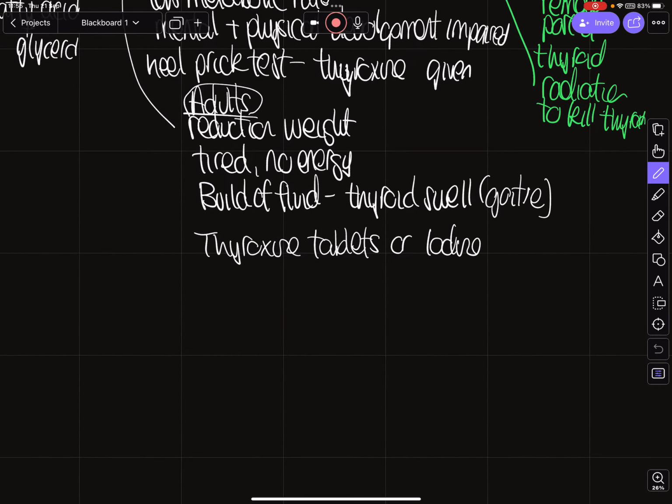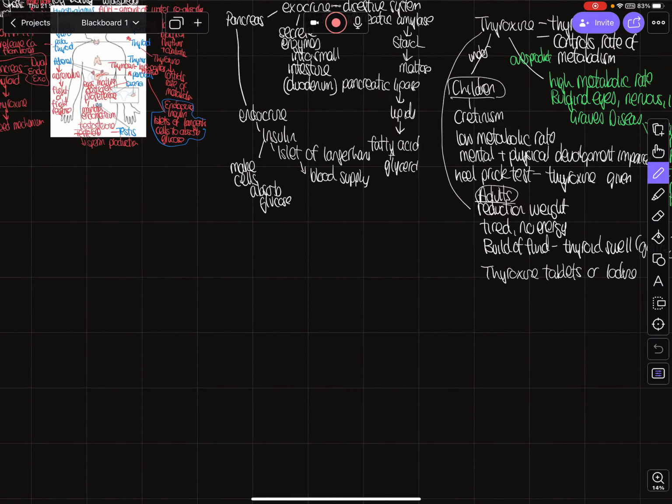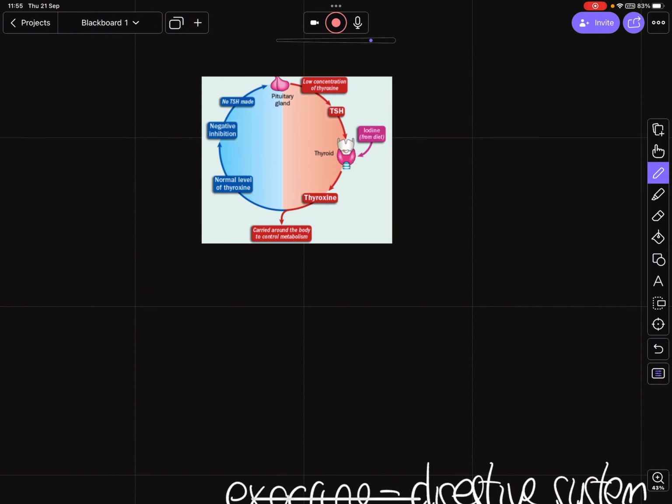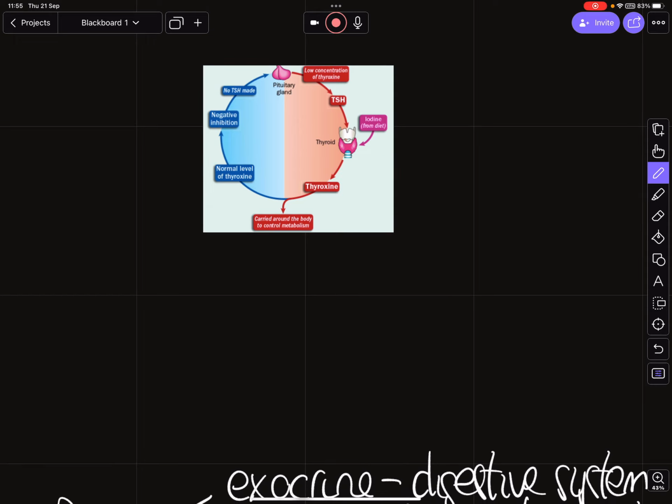Now, the last thing that we have to know, let's see, can I find it? It's going to be up here, is how do we control the amount of thyroxine levels? So it works on what's called a negative feedback mechanism.